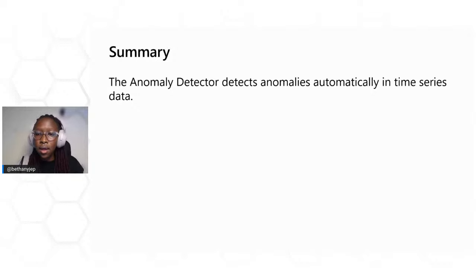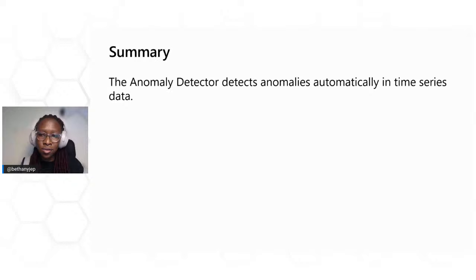And then one thing we mentioned was when you're doing your data, you have to package your data in a JSON format to be able to enable the API to detect the anomalies in time series data. So remember, with the anomaly detectors, we are generally dealing with time series, dealing with changes in time periods and so on.